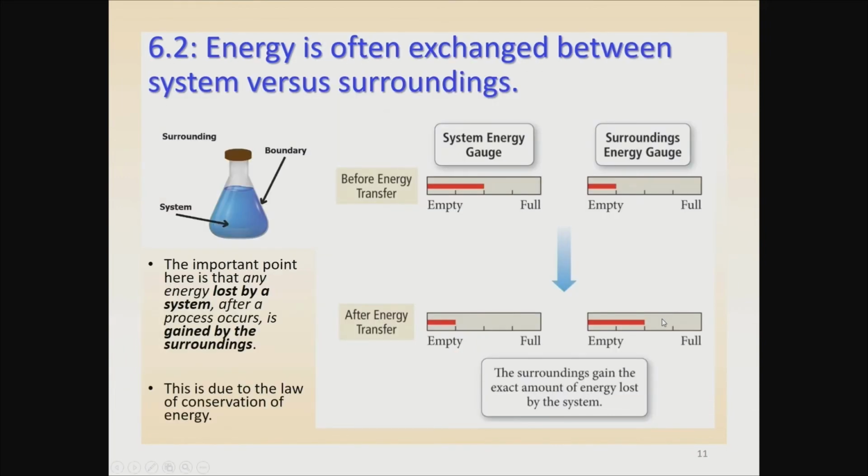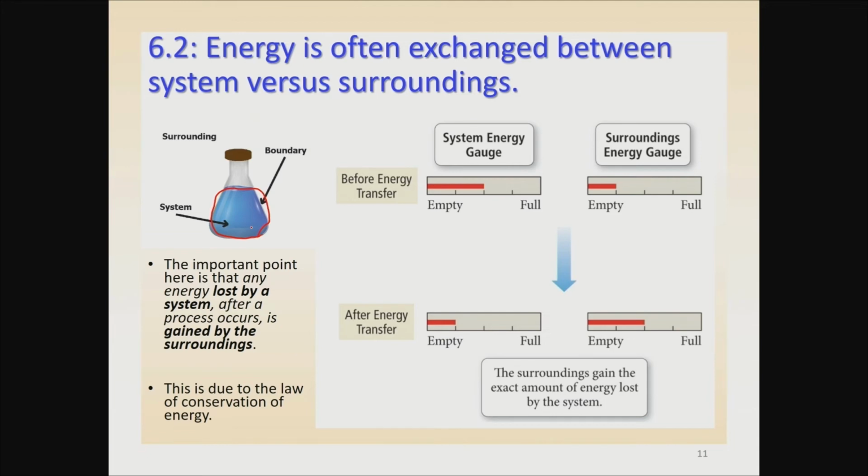Okay, so the reason why we define a system and its surroundings is because that is a way we can figure out how much energy is being transferred from the system to the surroundings, or from the surroundings to the system. So let me talk about how we analyze this. Let's imagine again our system. Our system here is going to be these blue chemicals in the flask.